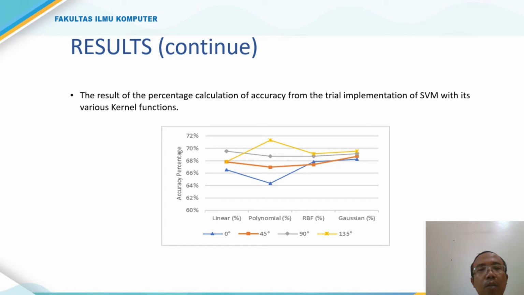The highest accuracy result of 71.3% is obtained by the polynomial kernel in the direction of 135 degrees.